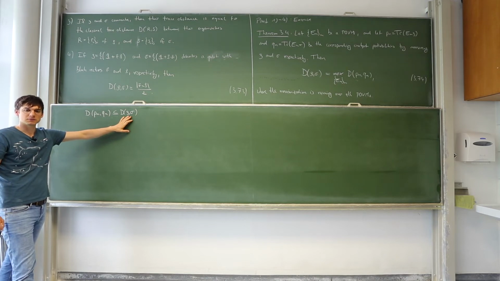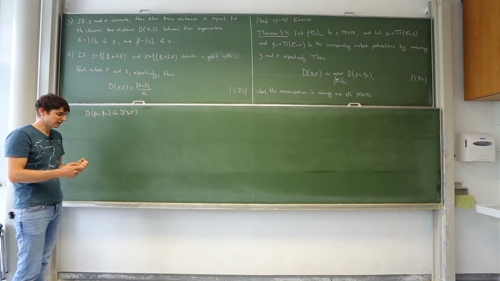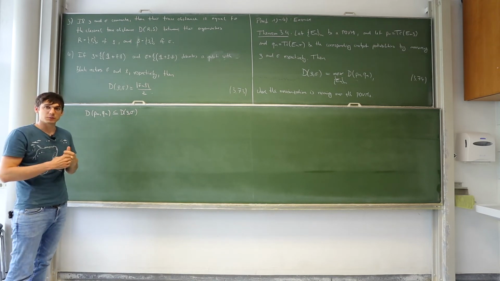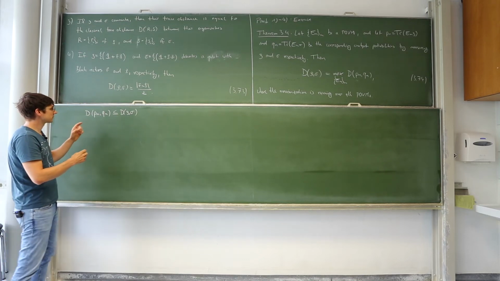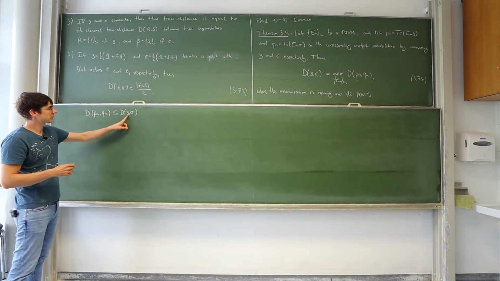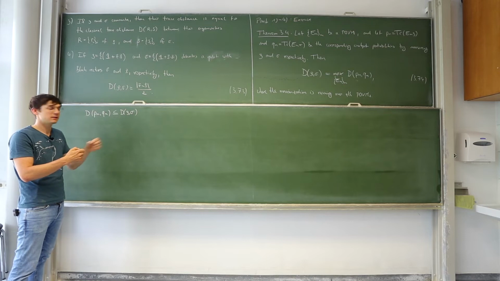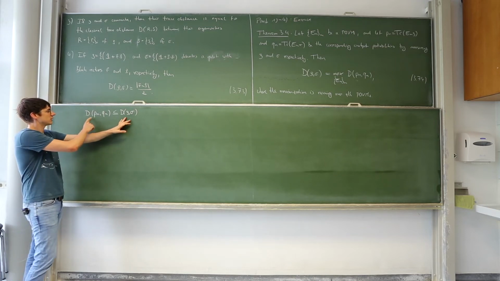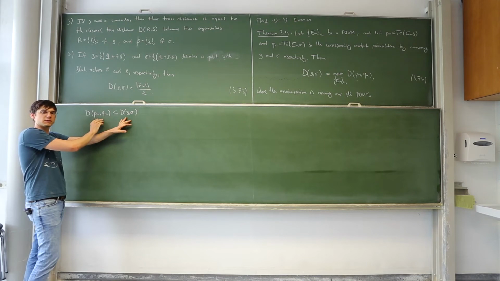And now let me restate what I just said: if this channel through which we do our communication between Alice and Bob has only very little noise, meaning that the distance between rho and sigma is very small, then no matter which measurement we do, we will always get probability distributions which are very similar.